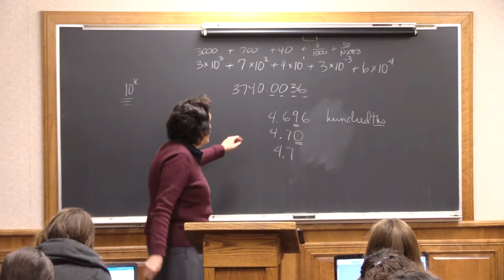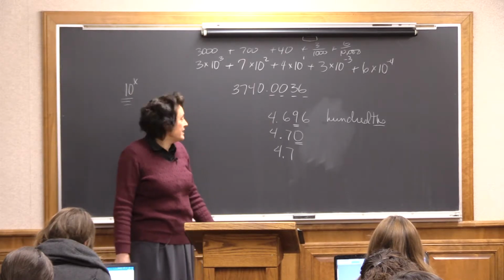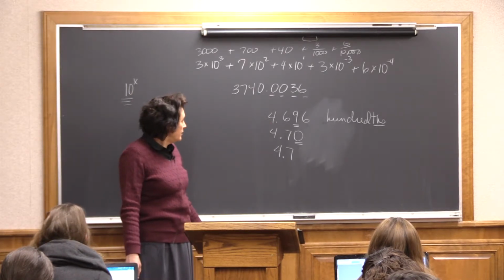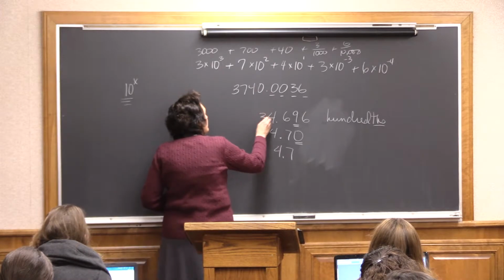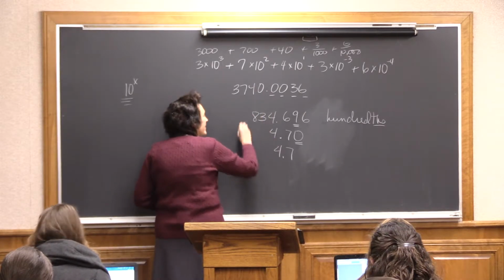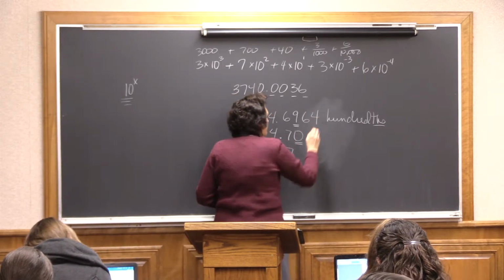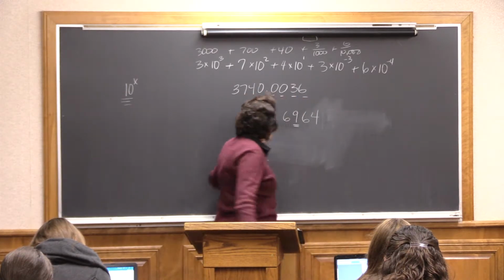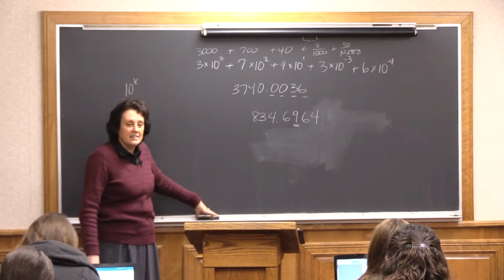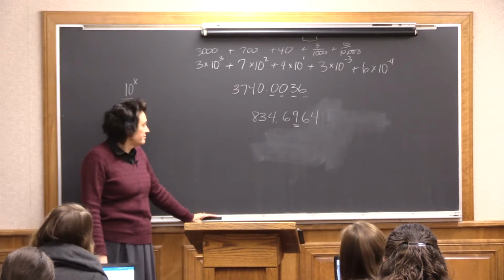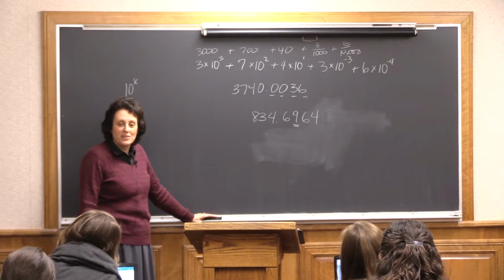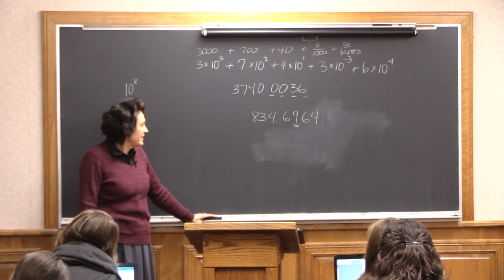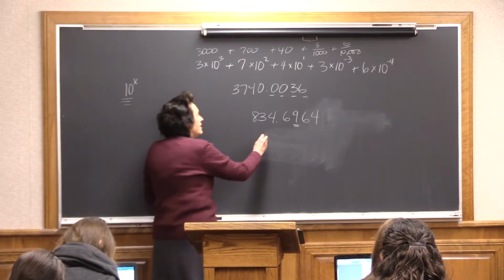So if I take this number and round it to the nearest, let me add some digits here. Let's add 1 here, let's add an 8 here, let's add a 4 here. Round this to the nearest tenth. Somebody? Round this to the nearest tenth. Anna, can you do that for me?